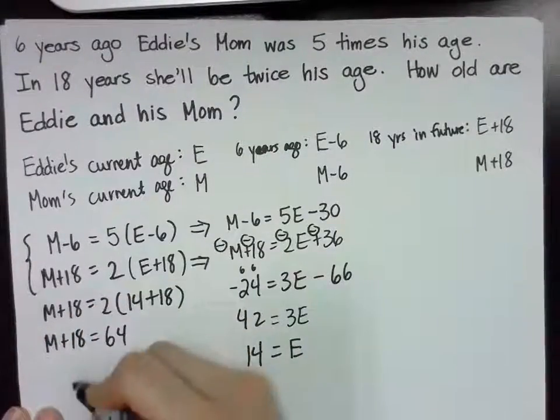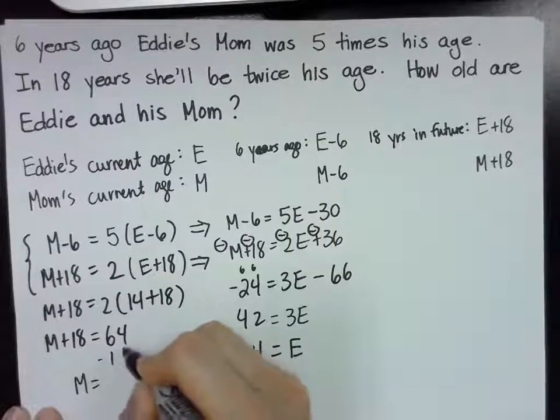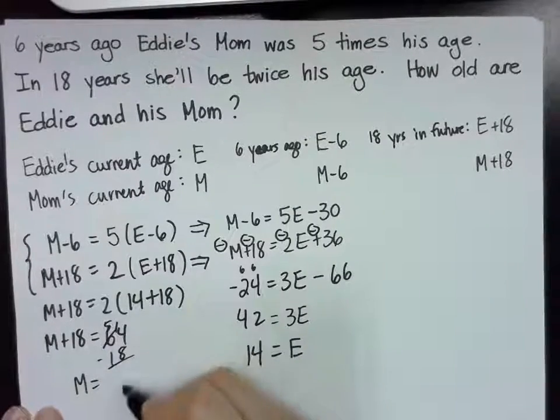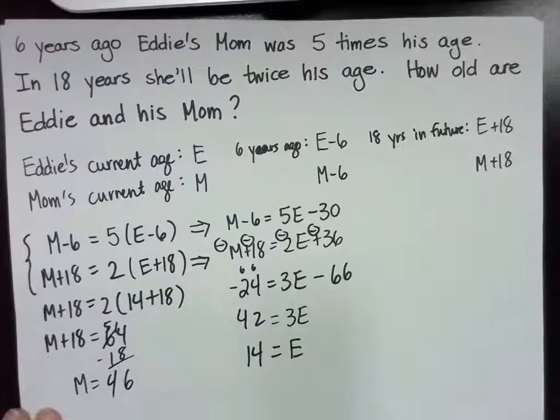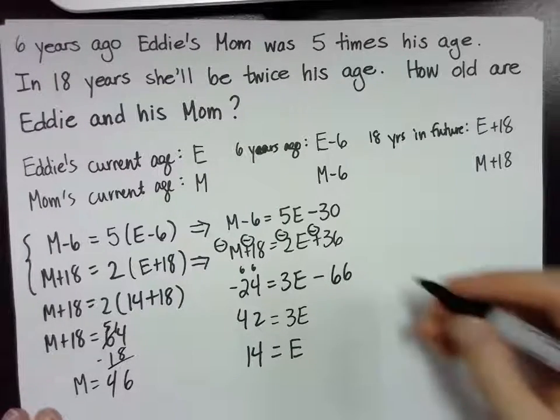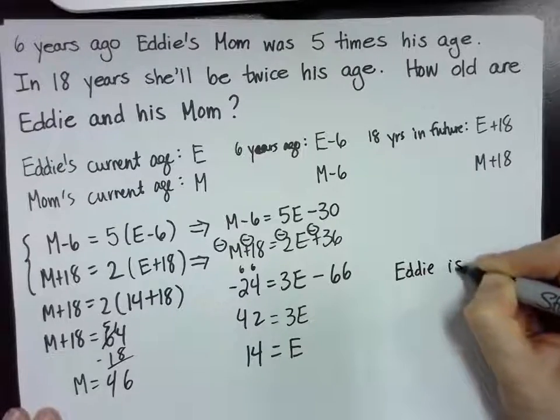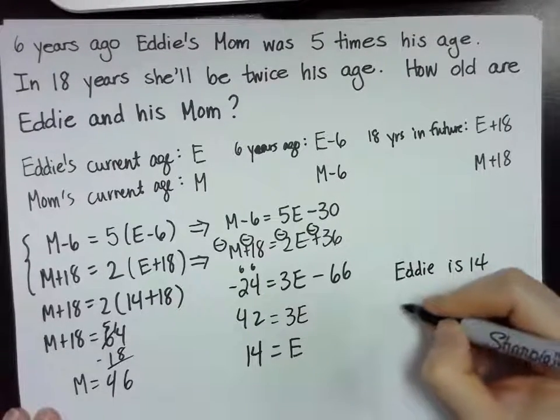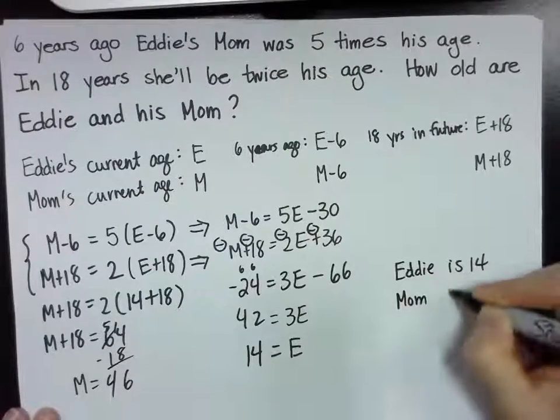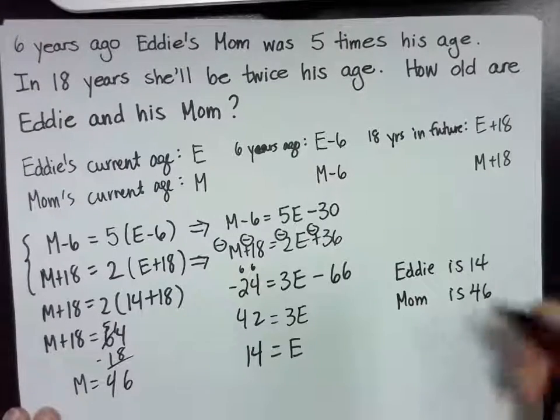And if we just subtract 18 from both sides, we get 46. So Eddie is 14, and the mom is 46.